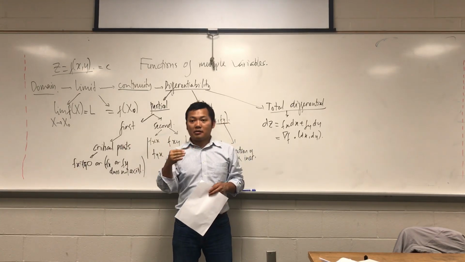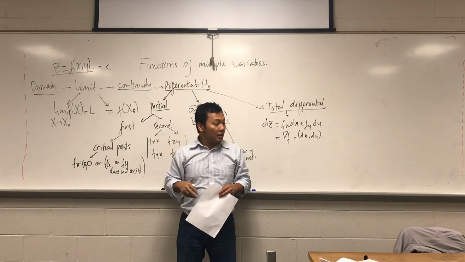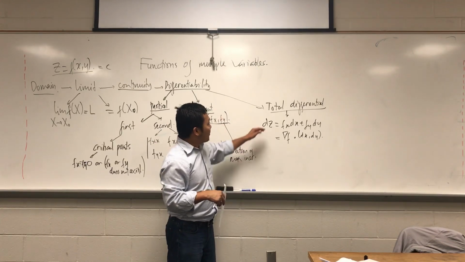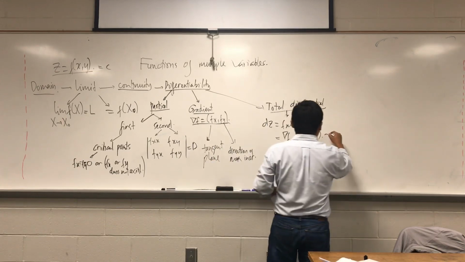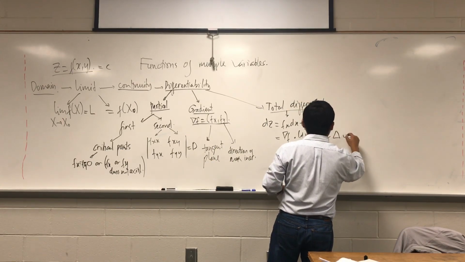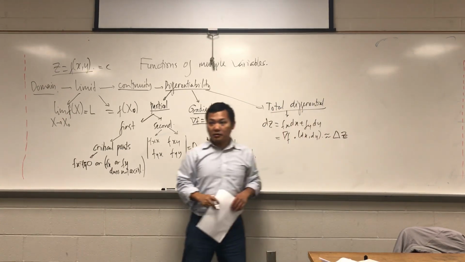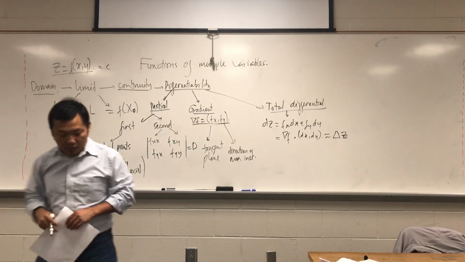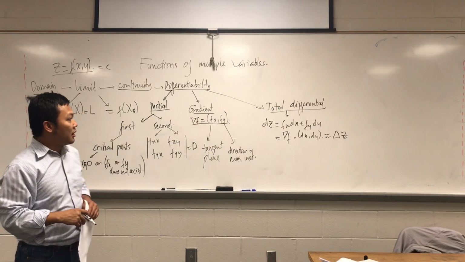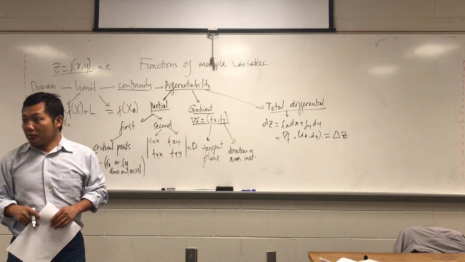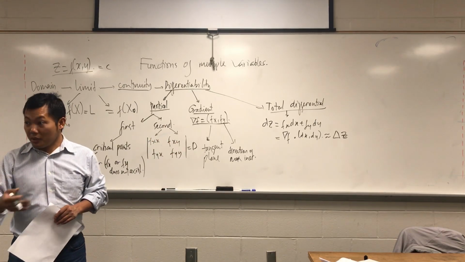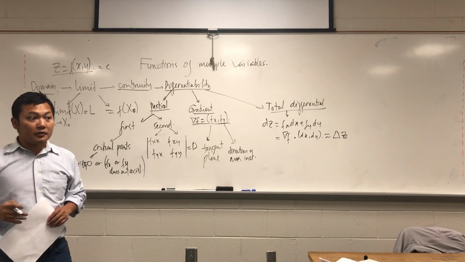That is some kind of generalization from calculus 1. Using that, we can approximate delta z, the change of the function. If you have a very complicated function, we may use the differential to approximate it. This is what we also considered in calculus 1. It's not something special, but it is useful.